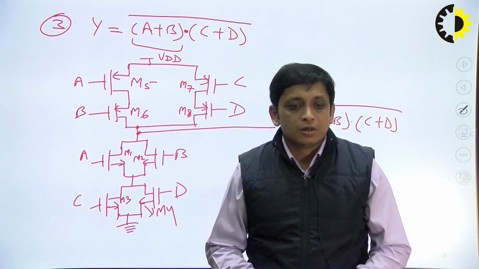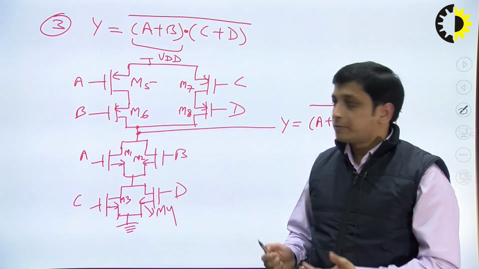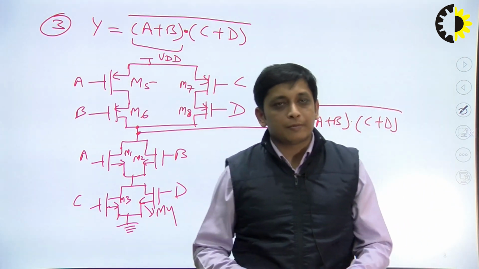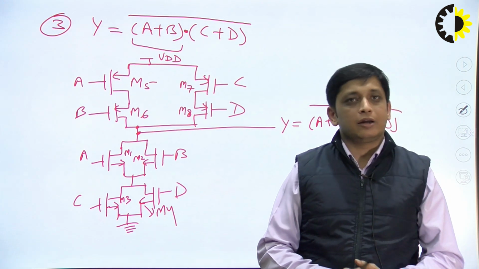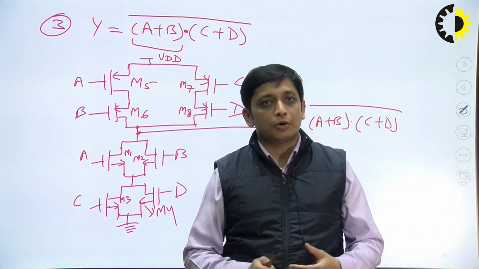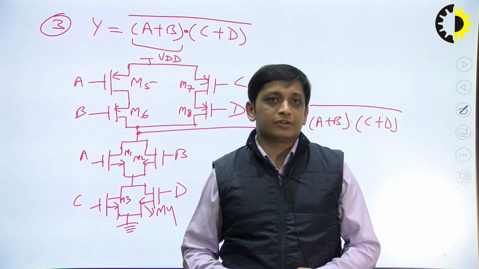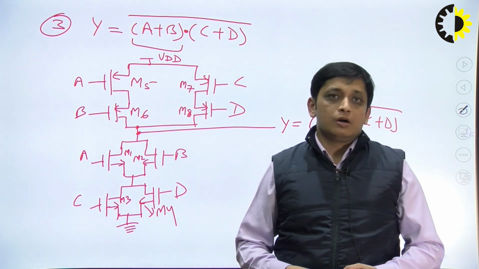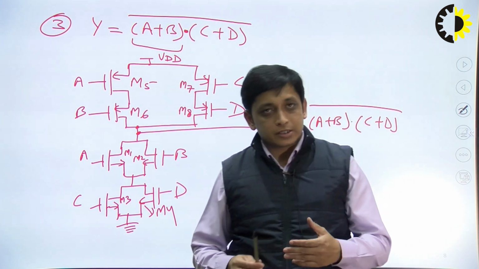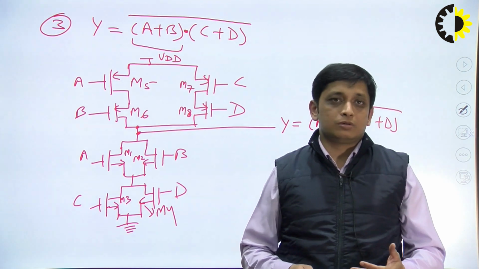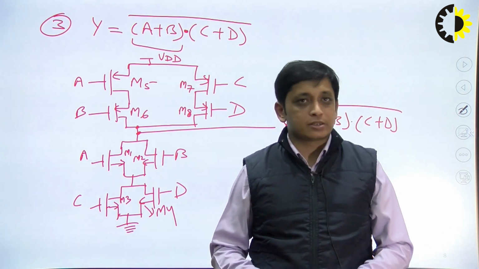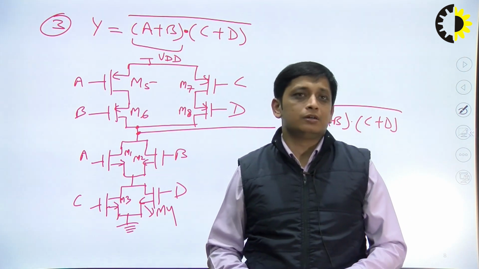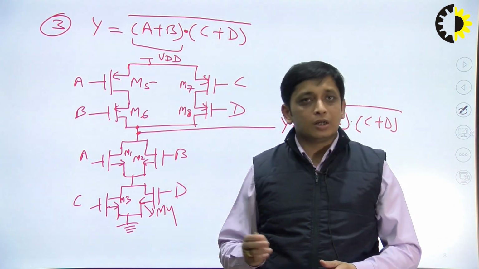Fine. So up to now I have discussed three examples, three Boolean expressions, and the concept of how we can draw the CMOS circuit of these Boolean expressions. Once you understand how to draw the CMOS circuit of logic gates, you just apply those concepts to the Boolean expressions.